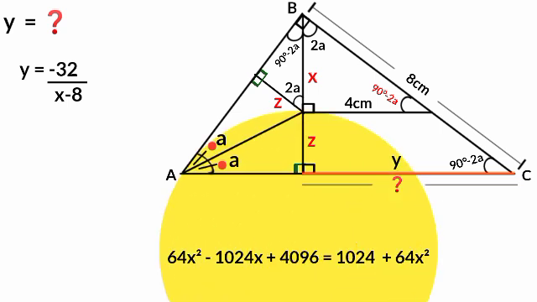So 64x squared minus 1024x plus 4096 equal to 1024 plus 64x squared.